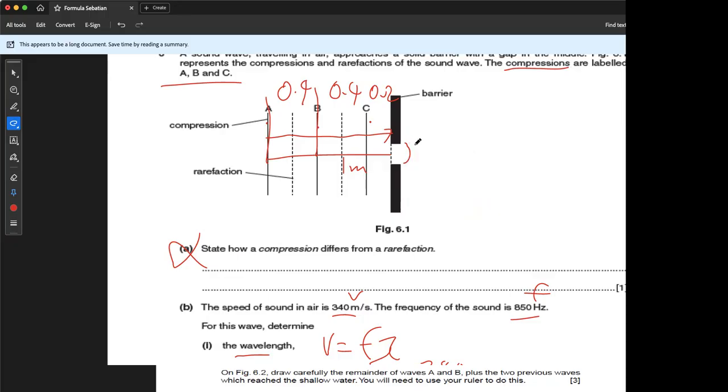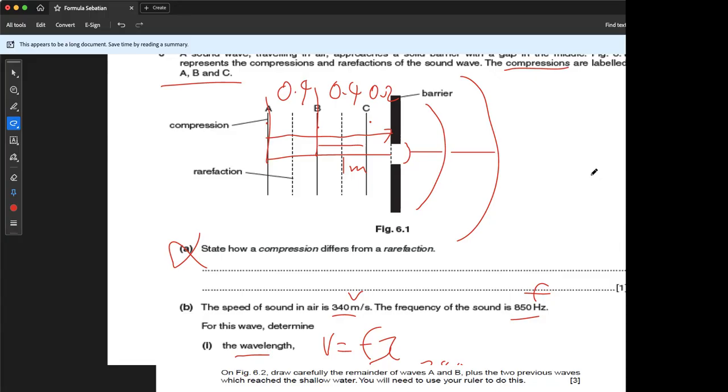Then the next thing is, what should I be careful of when I'm drawing diffraction? Good, I should draw the wavelength. Should it be the same, smaller, or bigger? It's the same, guys, because the wavelength does not change. If here is 0.4, when you draw the next one it should also be 0.4.